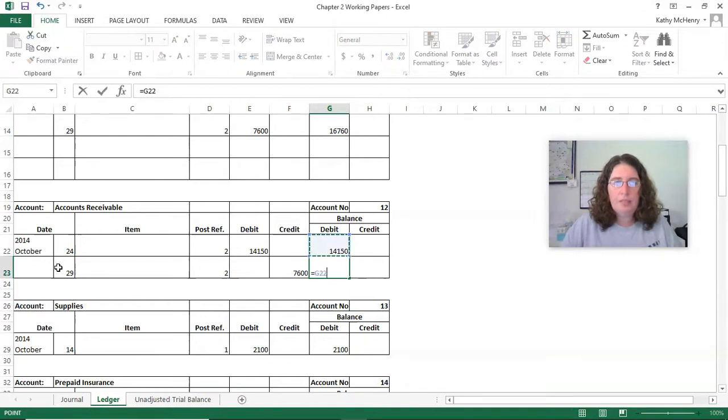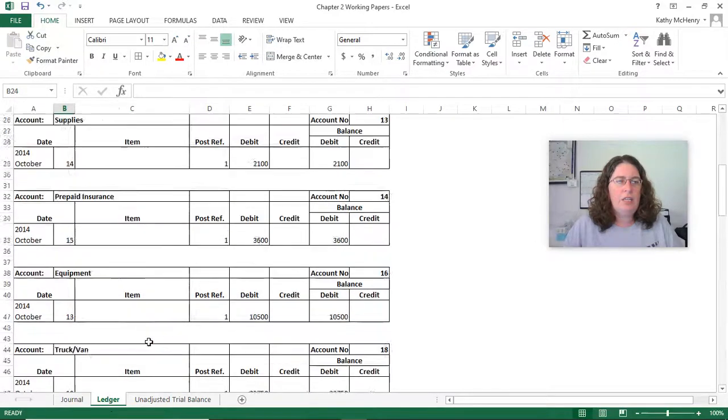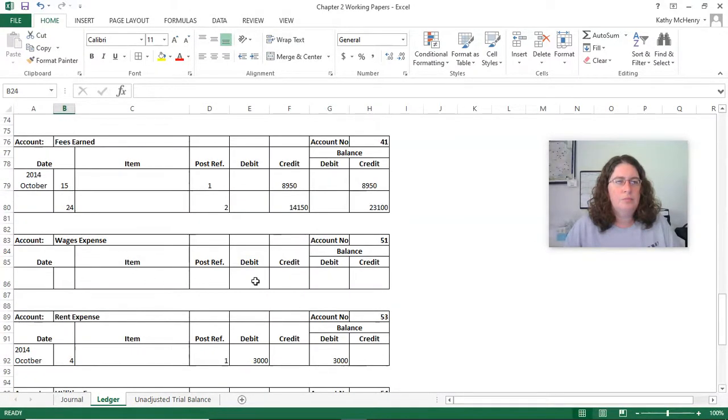A debit balance minus our credit gives us a new balance of $6,550. We have a debit to wages expense on the 30th for $4,800. And our account number is 51.